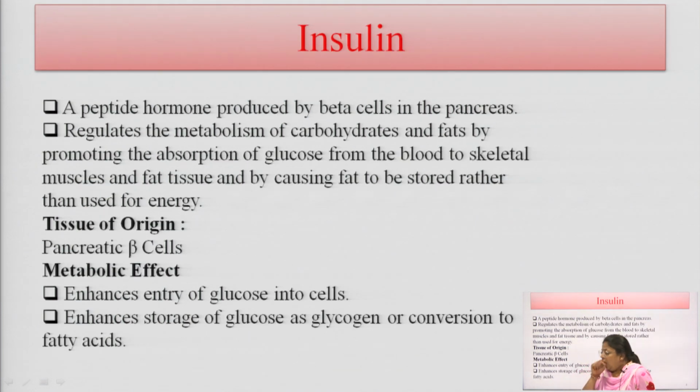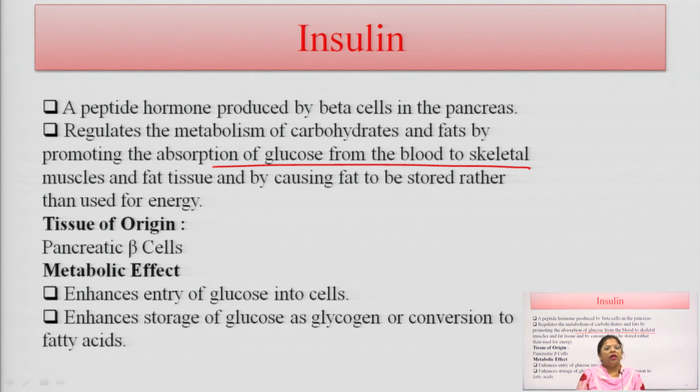So, what is insulin and how does it affect the blood glucose level? Insulin is a peptide hormone which is secreted from the beta cells of the pancreas. It basically regulates the metabolism of carbohydrates and fats by promoting the absorption of glucose from the blood into skeletal muscles and fat tissues, and thus it causes fat to be stored rather than used for energy.